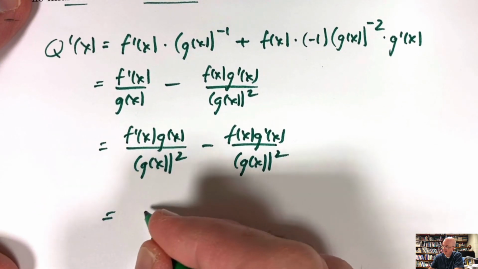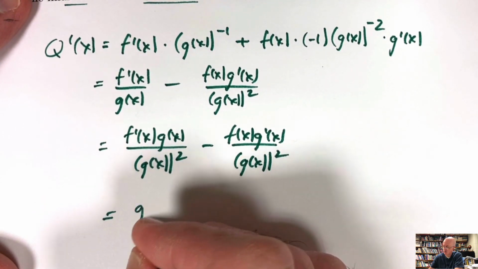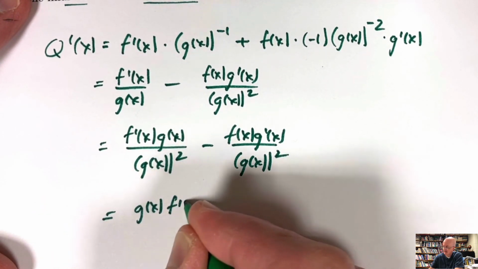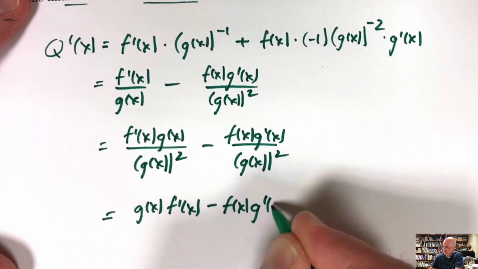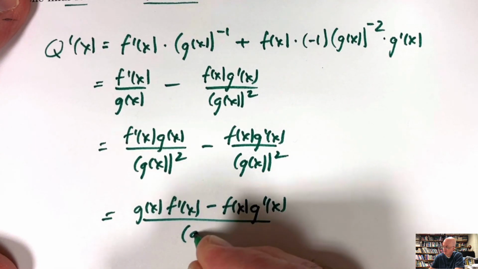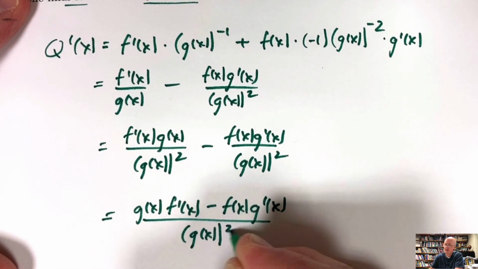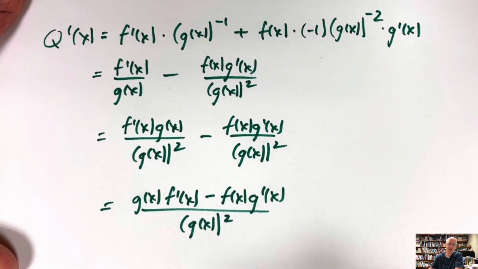And I get, I'll write it in the form I usually write it, low d high minus high d low over the square of what's below. Assuming everything is differentiable, technically assuming we're not dividing by 0, we have derived, not proved because we haven't written sentences, but we have derived the quotient rule with the product rule and chain rule.